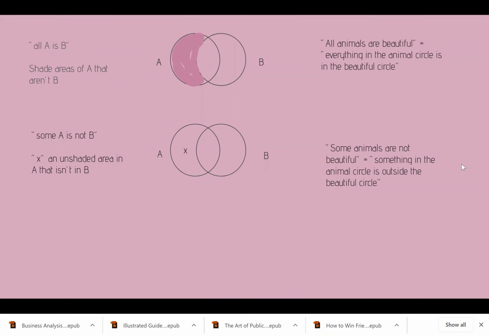Whenever you have something like all A is B, shade areas of A that aren't B. This means all animals are beautiful means everything in the animal circle is in the beautiful circle.